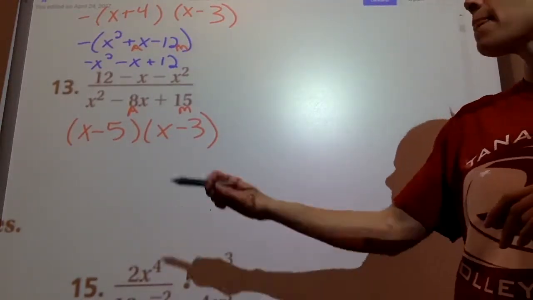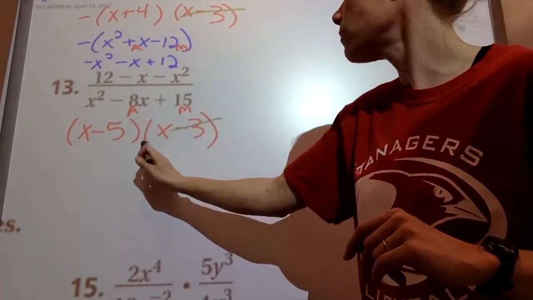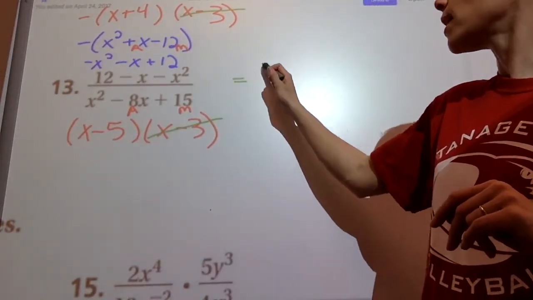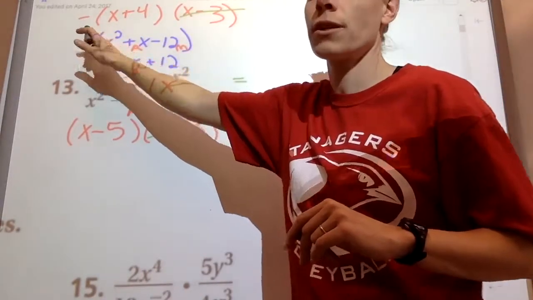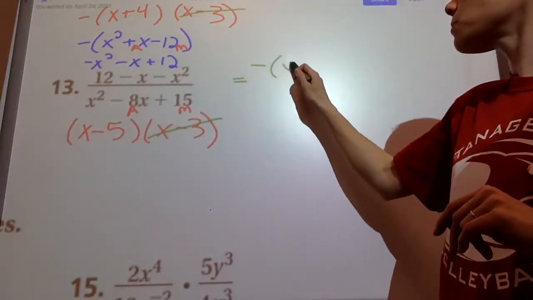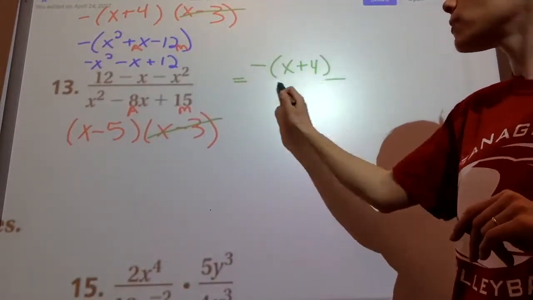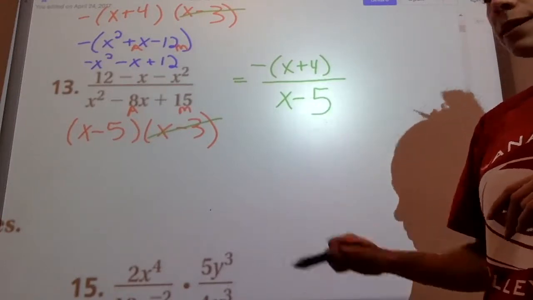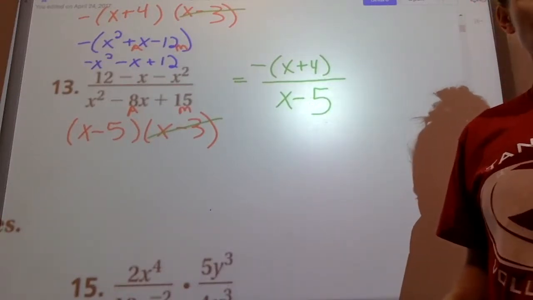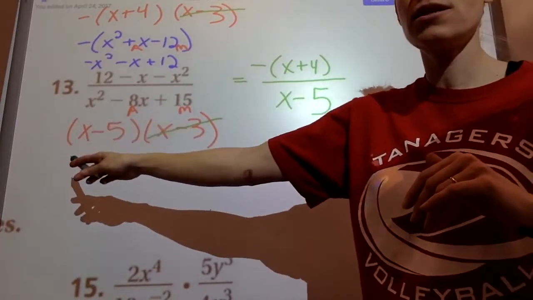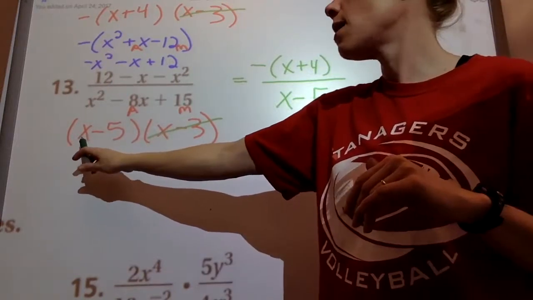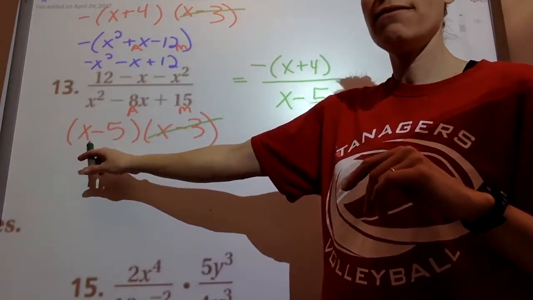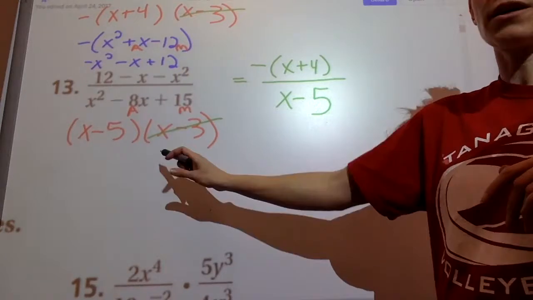What's the same? X minus 3's cross off. So this simplifies, I still have that negative there, don't forget the negative. Negative x plus 4 over x minus 5. And I still need to define, so I look at my original denominator. X cannot be 5 and 3.